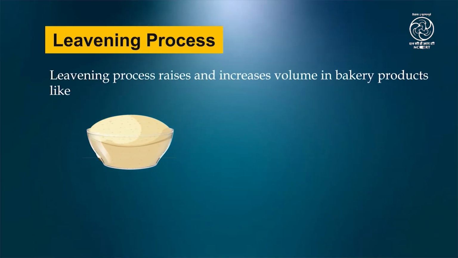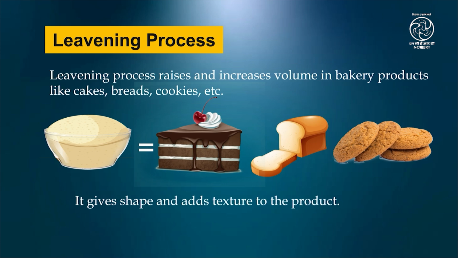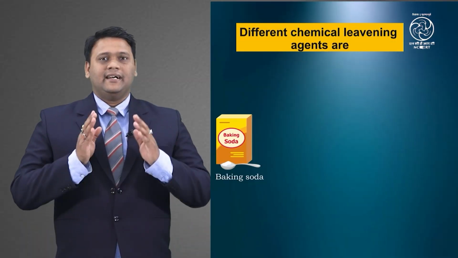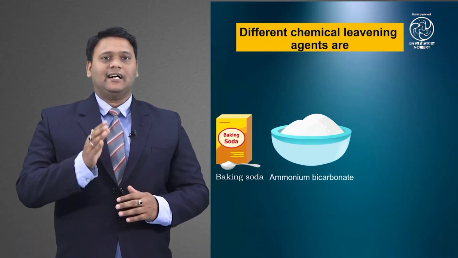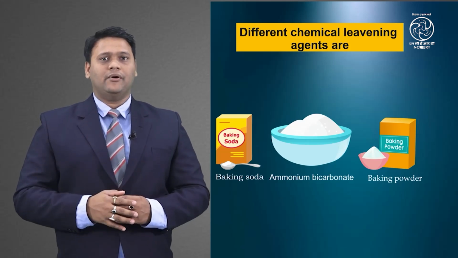Next is leavening process. Leavening process raises and increases volume in bakery products like cakes, breads, cookies, etc. It gives shape and adds texture to the product. Different chemical leavening agents are baking soda, ammonium bicarbonate, baking powder.